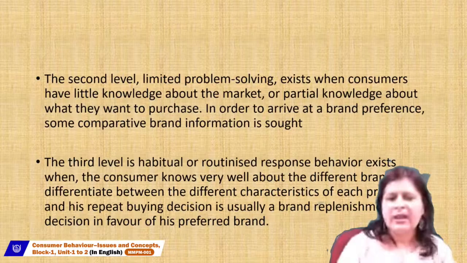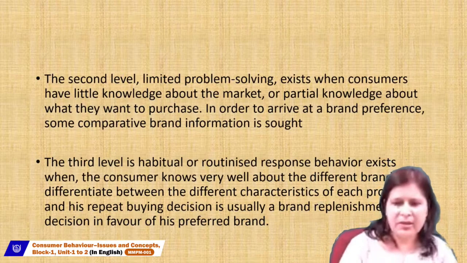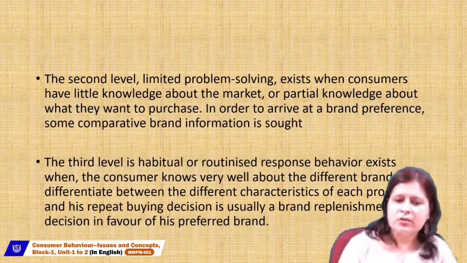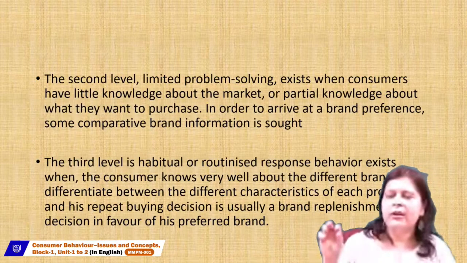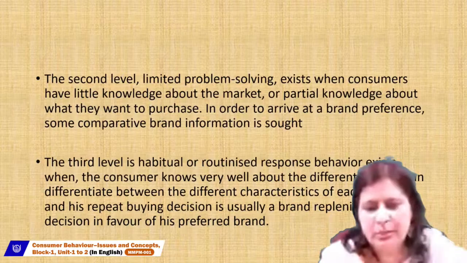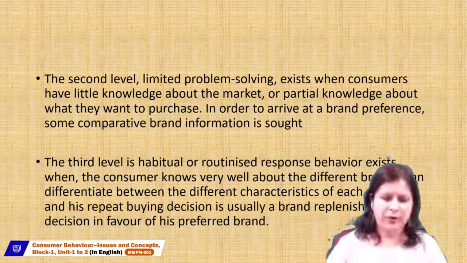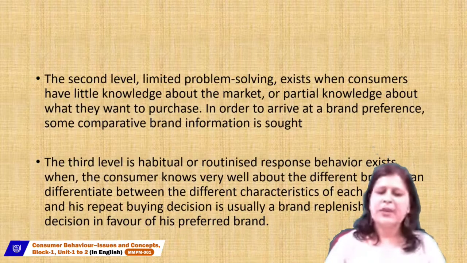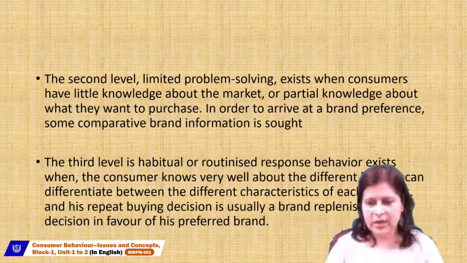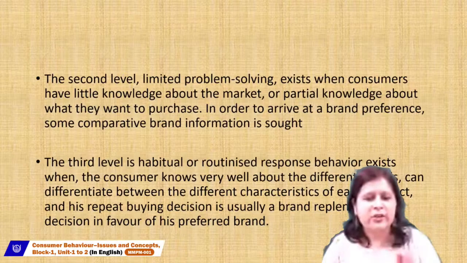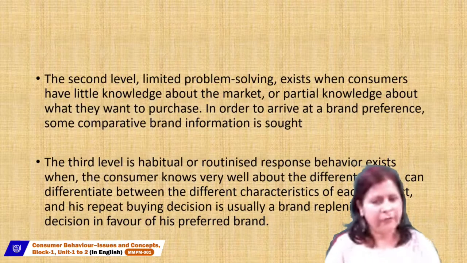The third level is habitual or routinized response behavior, which exists when the consumer knows very well about the different brands and can differentiate between the different characteristics of each product, and his repeat buying decision is usually a brand replenishment decision in favor of a preferred brand.